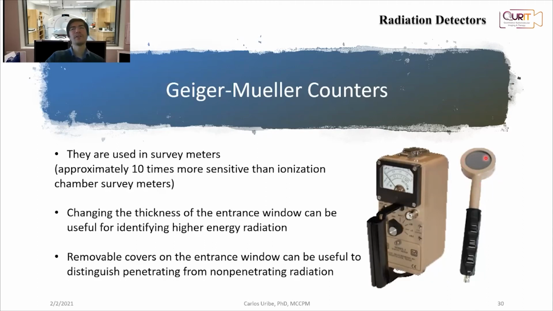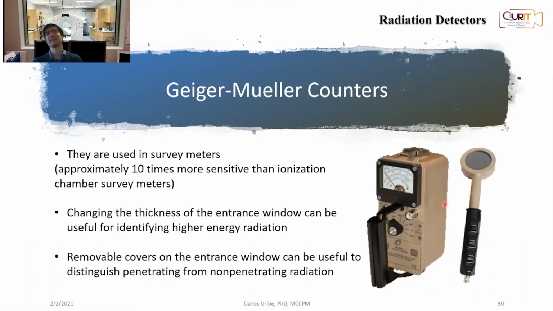If you change the thickness of the entrance window, you can identify a little bit the energy of the radiation, because low energy radiation will probably not be able to travel through a very thick window.